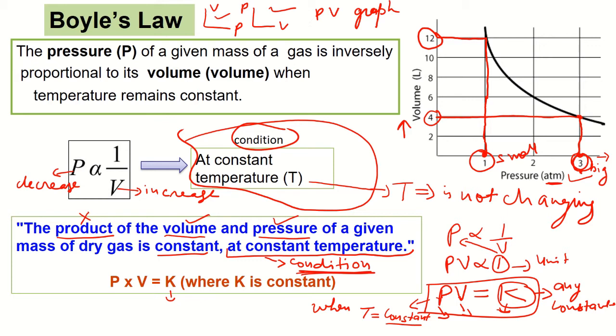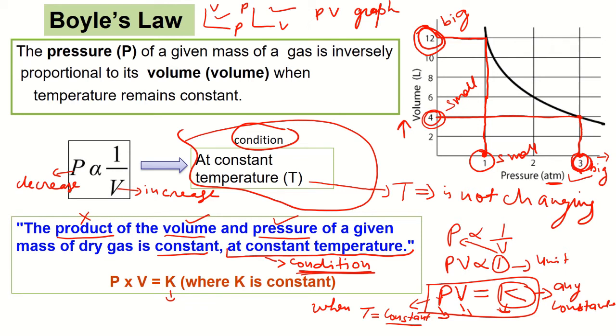This 12 is the big number on this line, because it is 2, 4, 6, 8, 10, 12, and this 4 is a small number.